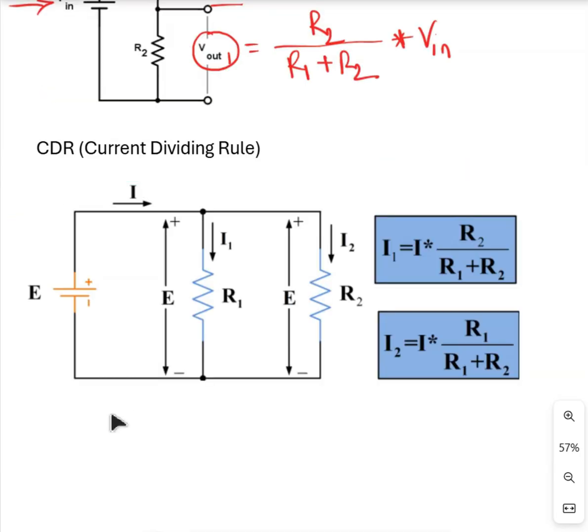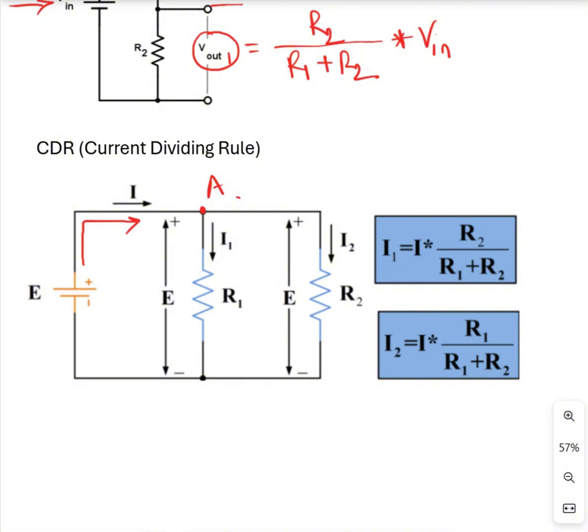Another important rule is the current dividing rule, or CDR. This VDR and CDR are actually used for parallel circuits. Here as well is a parallel circuit, and for CDR we have to understand the node, right? This is a node, let's say node A, and this is the source of potential, and obviously current flows in this direction, and that is I. At the node, the current I is split into two portions.